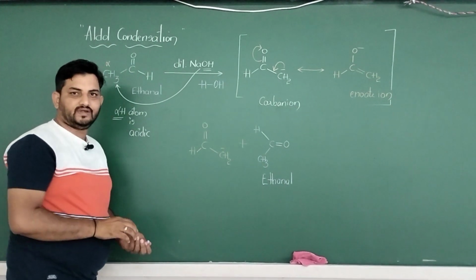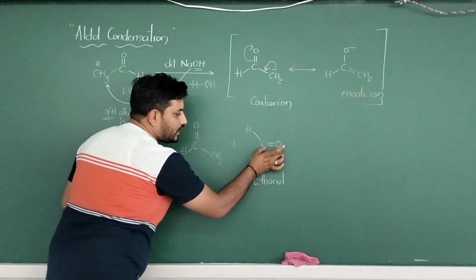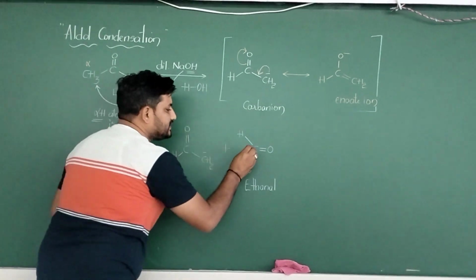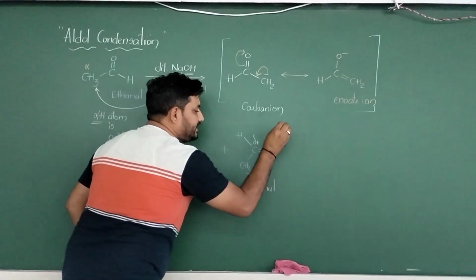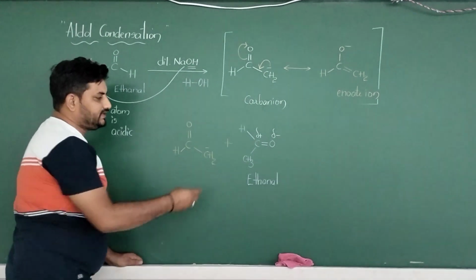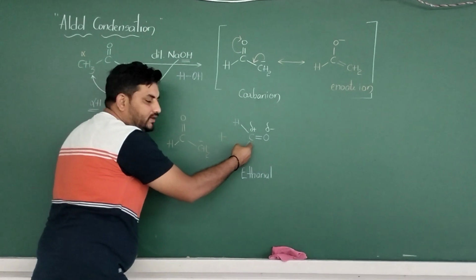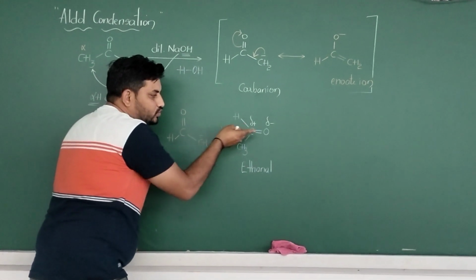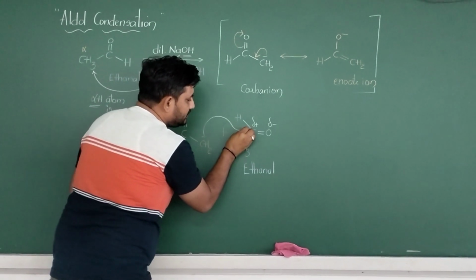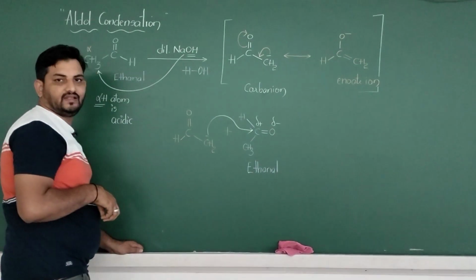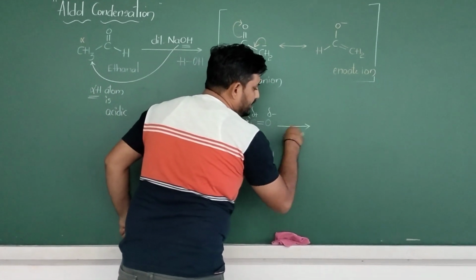As far as reactivity is concerned, in my previous classes I have mentioned that a carbonyl group has a delta positive charge on the carbon and a delta negative charge on the oxygen. It is sp2 hybridized. Oxygen being more electronegative than carbon, the tendency of electrons is towards the oxygen. That's why the carbanion will attack the probable positive center, that is the carbonyl carbon. You will end up getting an intermediate over here.